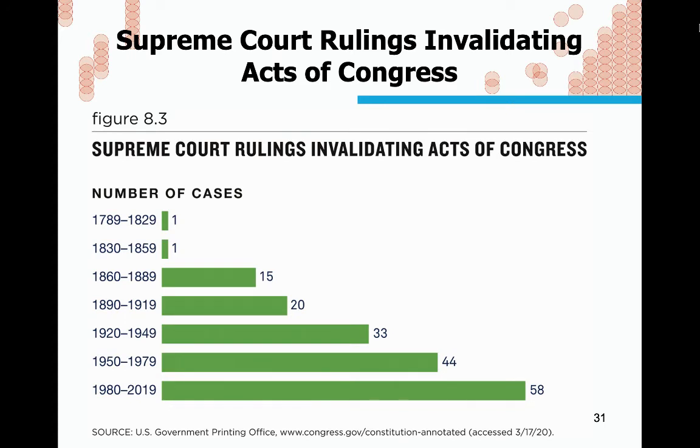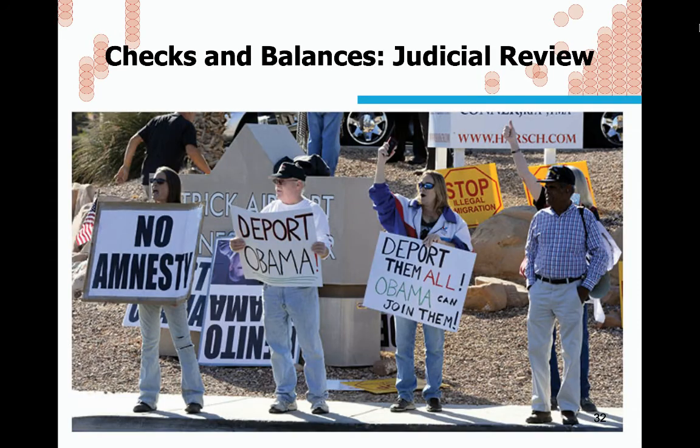The one case in the first row there was Marbury versus Madison. In recent years, this has gone up and up and up. Arguably, this has led to a greater politicization of the court system as actors turn to judicial review to try to get laws they don't like invalidated, or not even laws, but presidential actions.